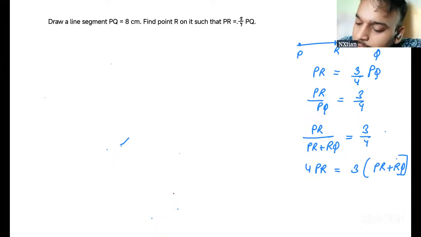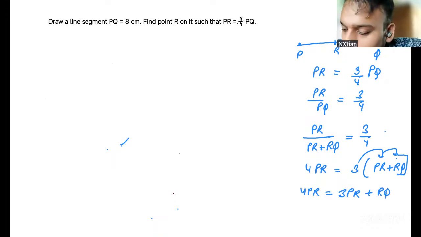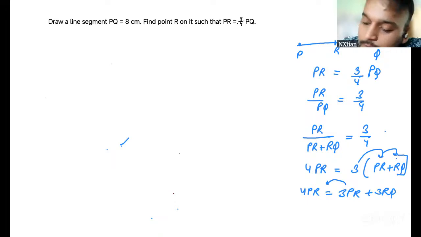Now what I will do, this 3 will multiply with both the numbers, making 4 PR is equal to 3 PR plus 3 RQ. Now this will go and will minus, so it becomes 4 PR minus 3 PR is equal to 3 RQ.